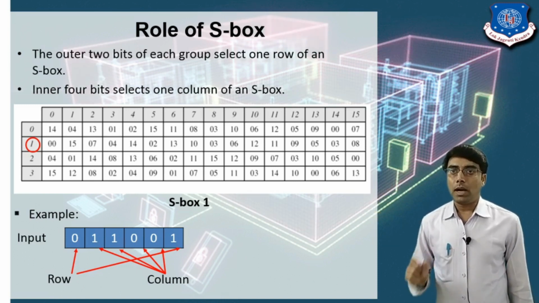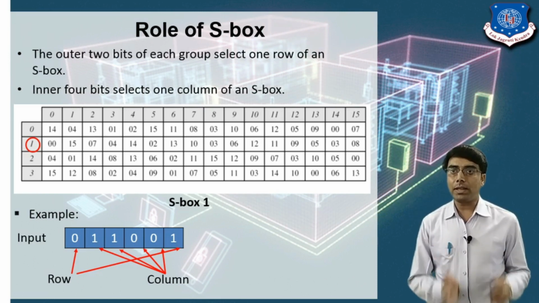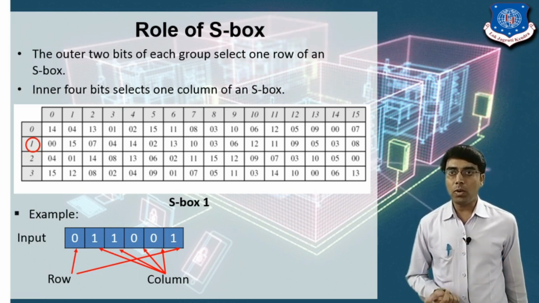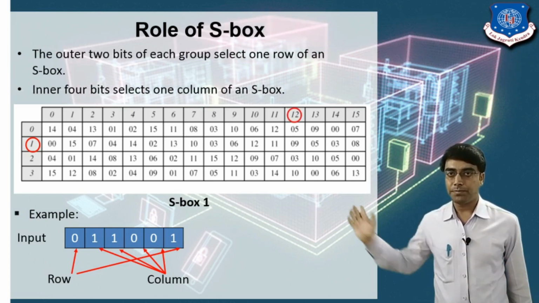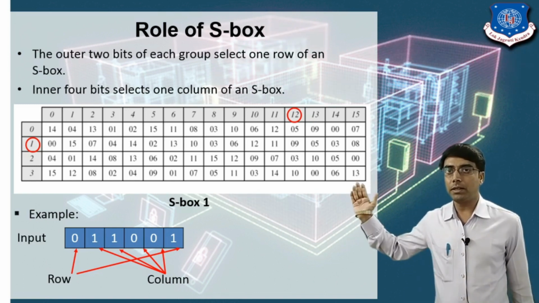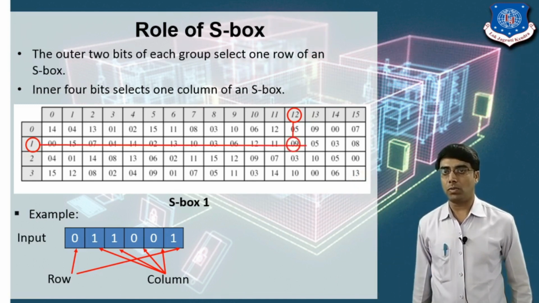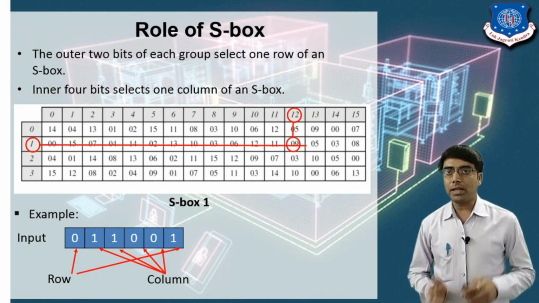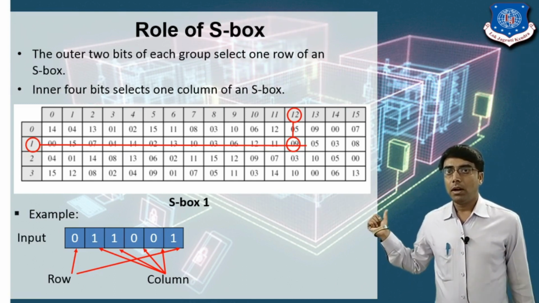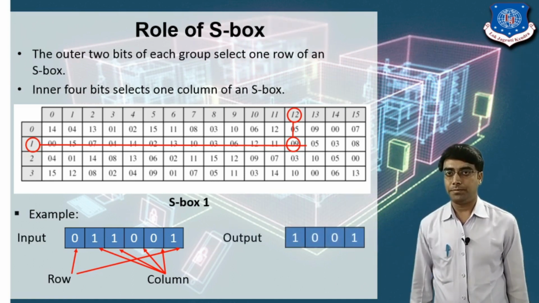Now we are going to find the intersection of this row and column. The bits 0, 1 represent 1, and 1, 1, 0, 0 represent the decimal number 12. You can see in the red circle it is 12. The intersection of this row and column gives one decimal number, and it is 9.